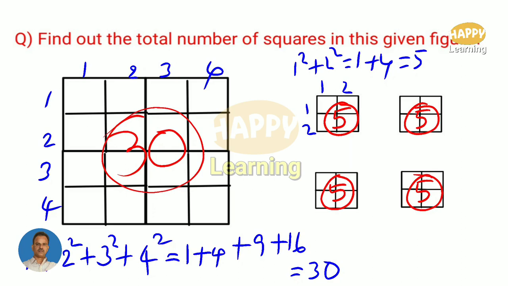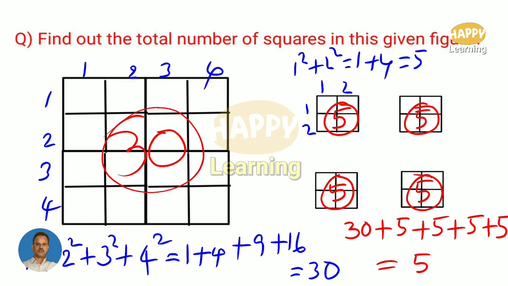Total 30 plus 5 plus 5 plus 5 plus 5. So total 50 squares are there. Total we have got 50 squares.